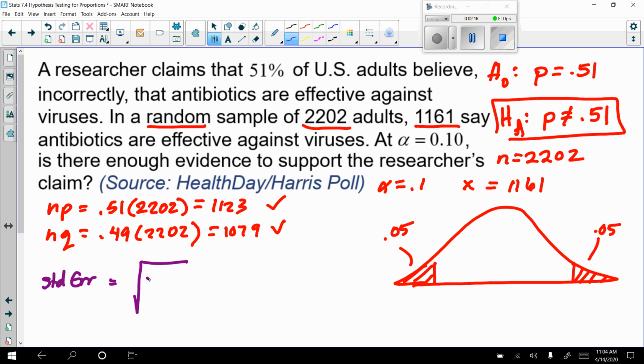The square root of 0.51 times 0.49 divided by 2,202. That's going to be 0.0106538624.